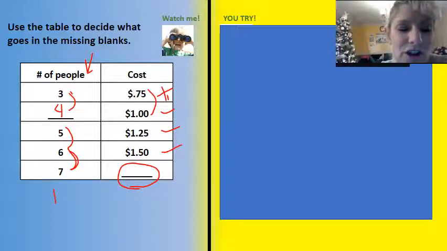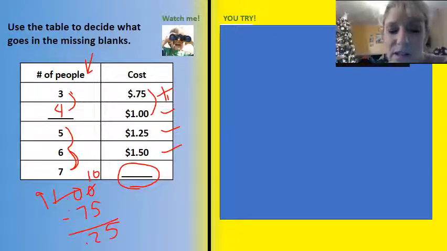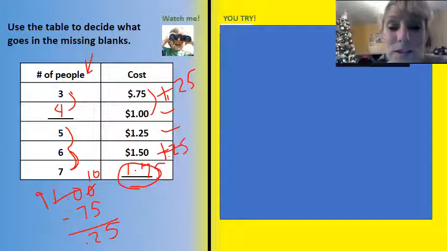So if I take that dollar and I subtract 75 cents from it, because remember that's the inverse operation that we had, I would actually get 25 cents. So notice if I am actually adding plus 25 to each of these, if I do that and I get $1.50 and I add 25 cents to that, that's going to give me $1.75, and that's actually what is missing.